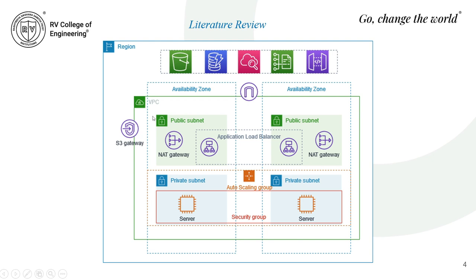So this you could see is our architecture as to how we are going to deploy our resources on AWS. Starting with, we have a virtual private cloud, and in that we have two availability zones so that we have better resiliency. Within our virtual private cloud, we have created public subnets as well as private subnets.